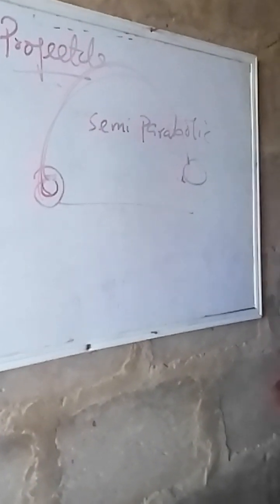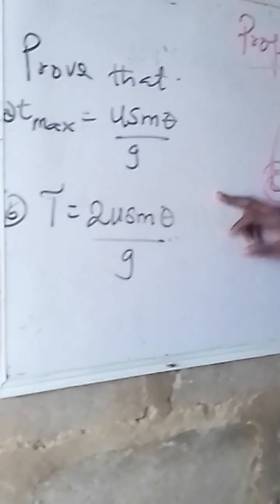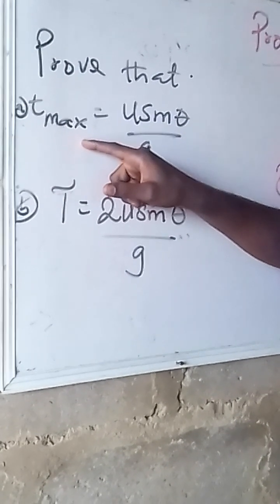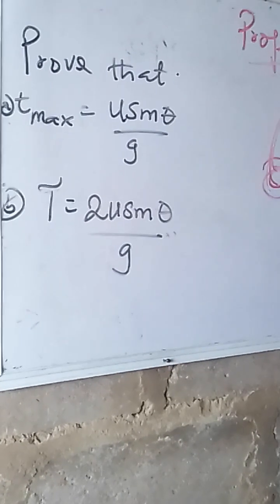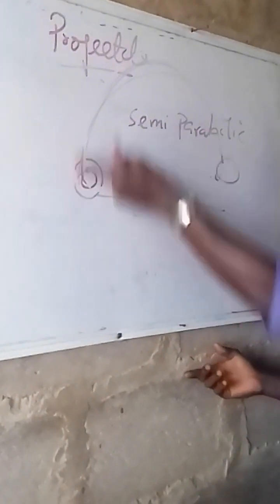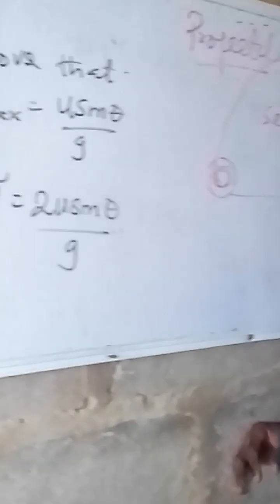So now, the question that we have to prove will require time, T max. T max means what? Time of flight. Time required for that object to travel and return to the point of projection. We call it T max.